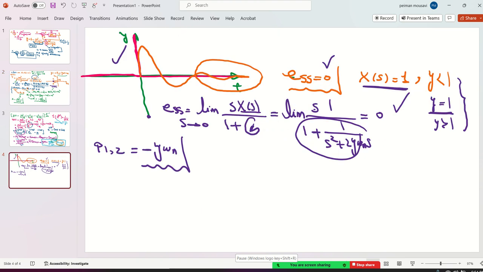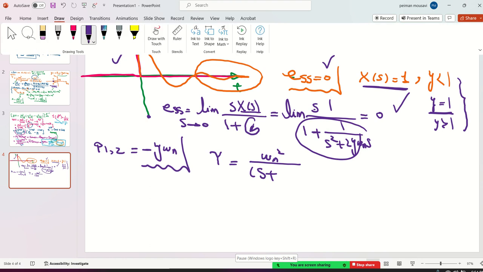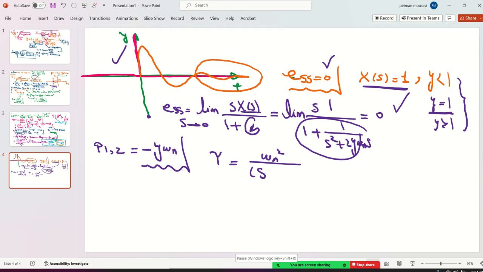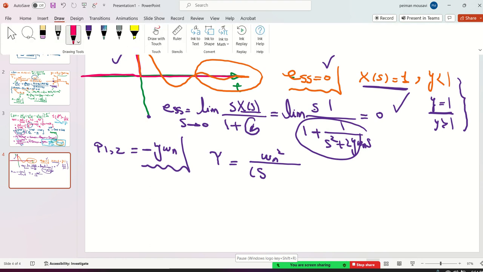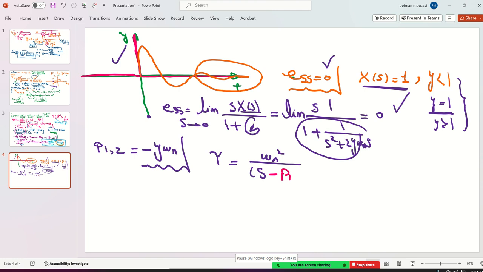Again, Y(s) is going to be omega n squared over (s minus p1) squared. These are the same, p1 and p2, they are the same.